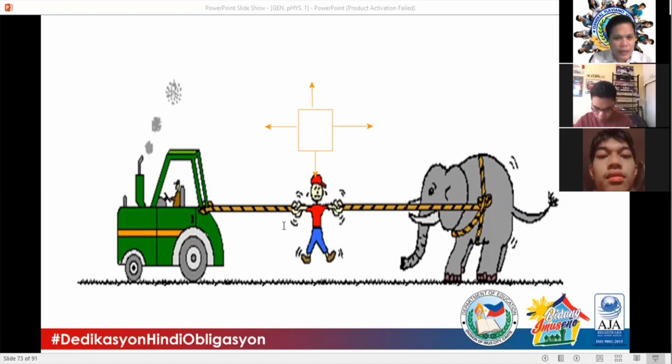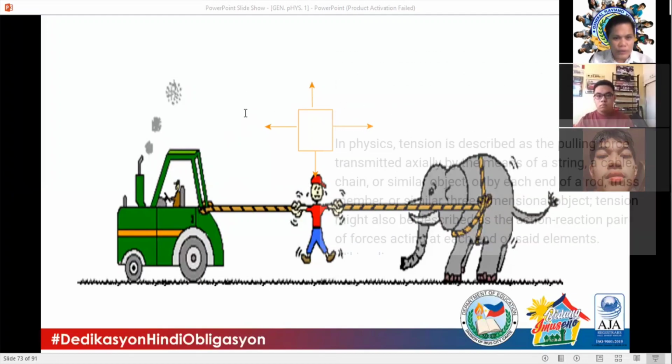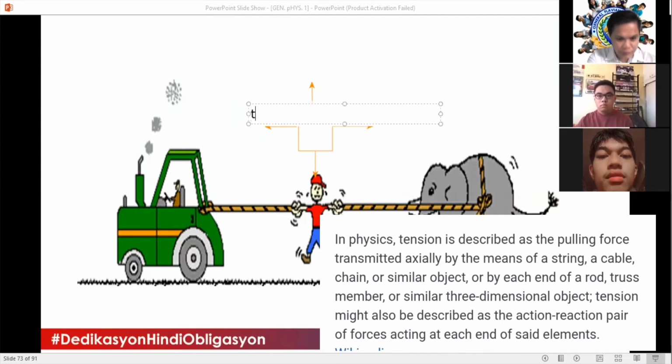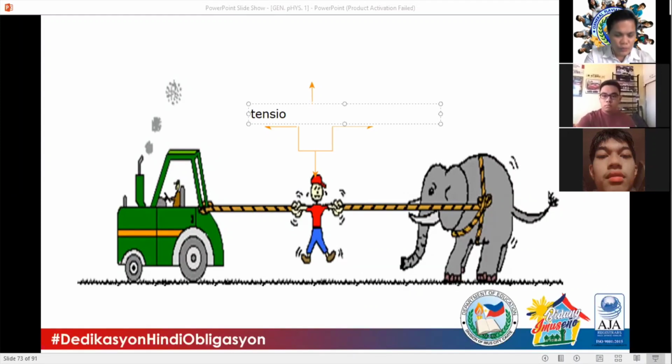Definitely, dahil hinahatak siya ng elepante at saka truck, anong force yung meron sa kanya? So definitely, that's a tension force. Ikaw ba naman, stretch ka ng elepante at saka truck. So magkakaroon ng tension force.